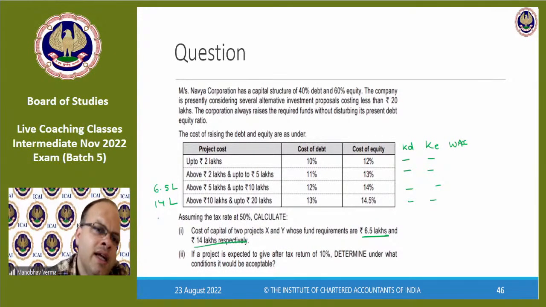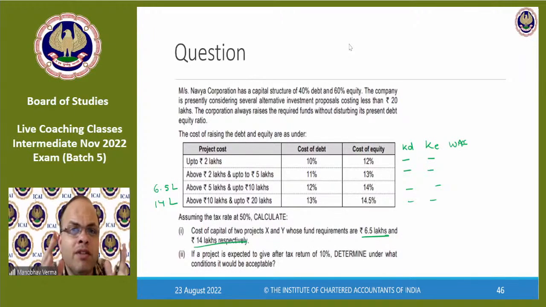Then they're asking under what condition the project will be acceptable, if the project is to give a return of 10%. I'm ending this session with a note, because the next time you will be meeting me for investment decisions, and we'll continue our discussion from here.